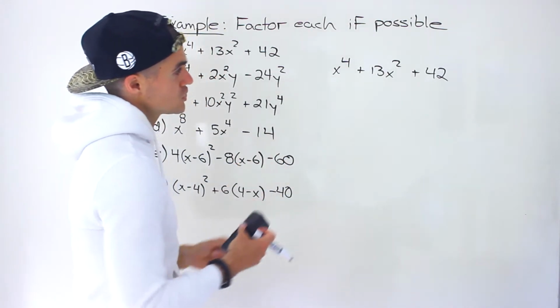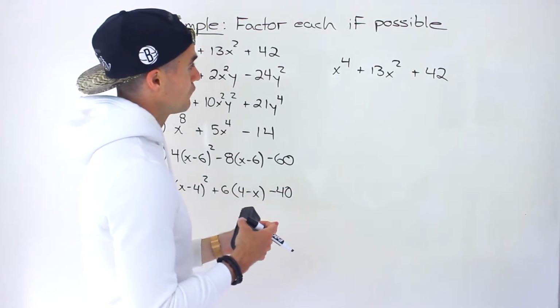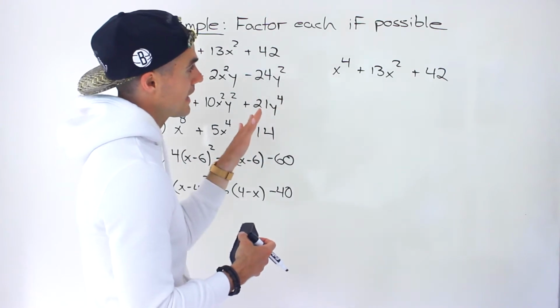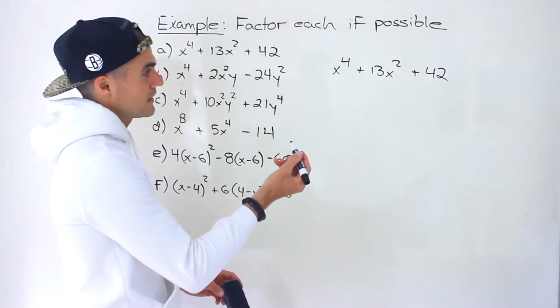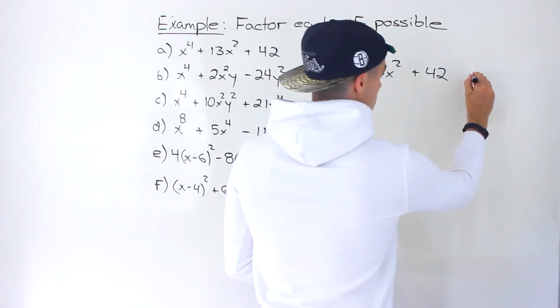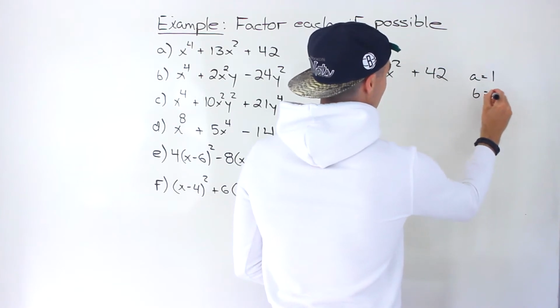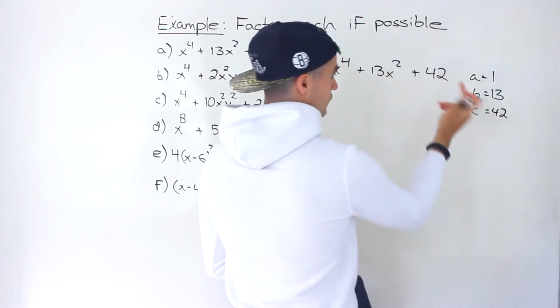So the first thing you always check with factoring: can you take out a greatest common factor? Notice that for this particular one, we can't take anything out initially. So let's try to factor it by decomposition. Same process: the a value is 1, the b value is 13, and the c value is 42.